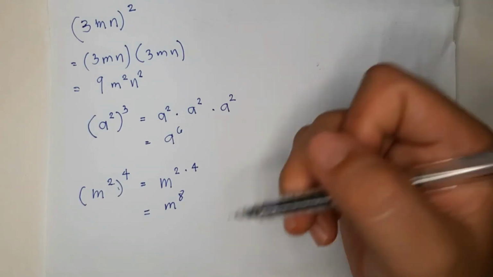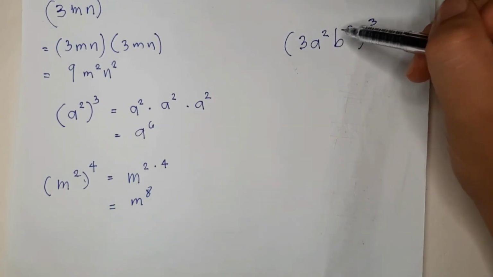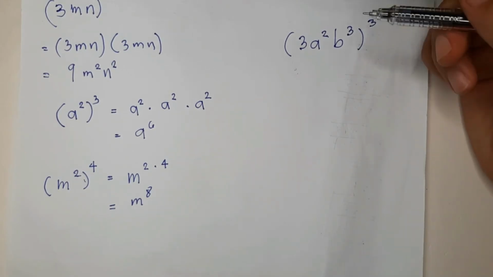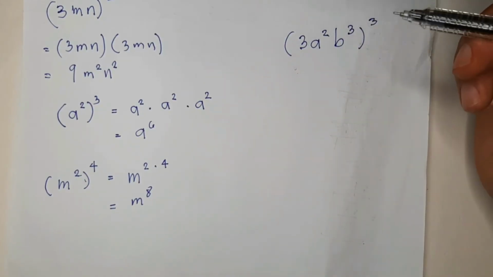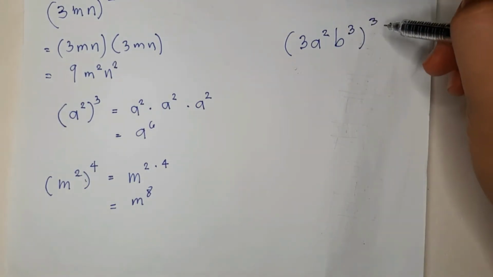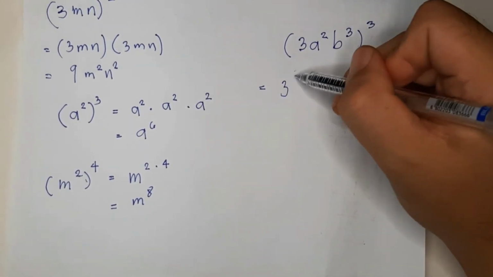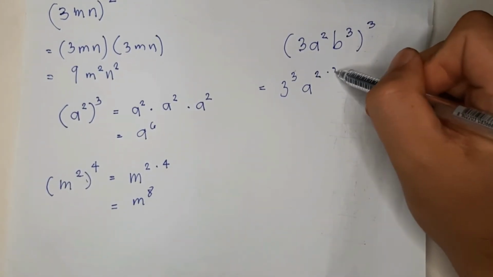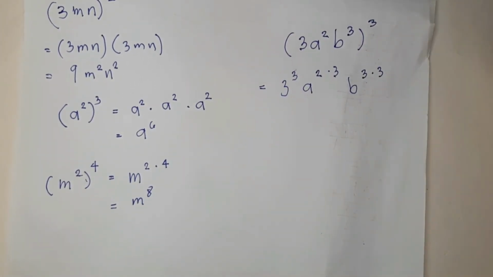Another example, the quantity of 3a squared b cubed, raised to the cube. So, what do you think is the answer? So, we can split them up or just distribute the cube. Equals, we can have 3 cubed times a squared cubed times b cubed cubed.